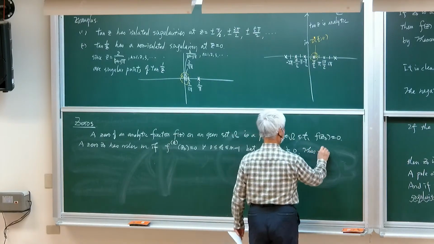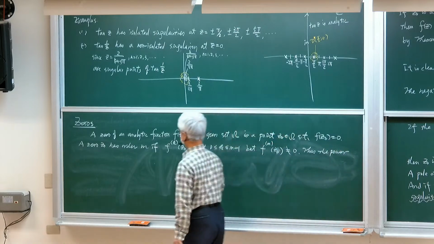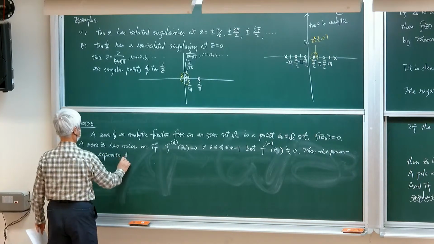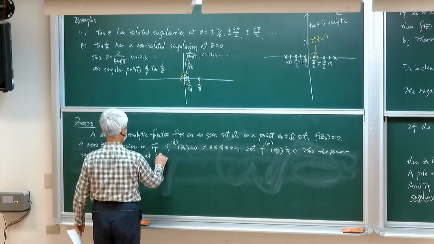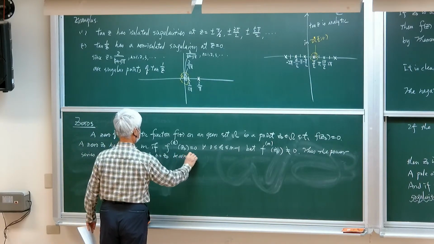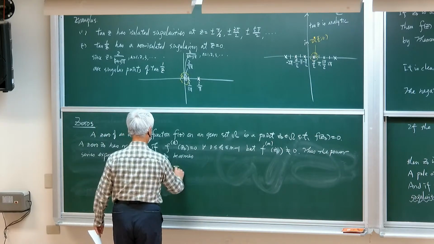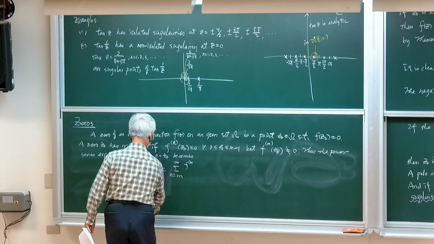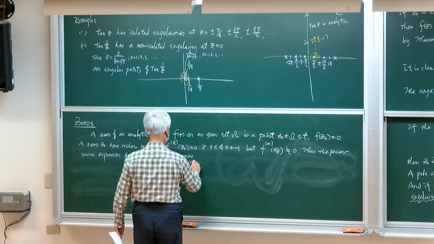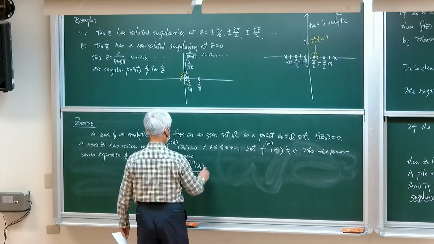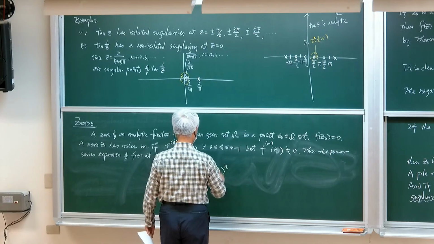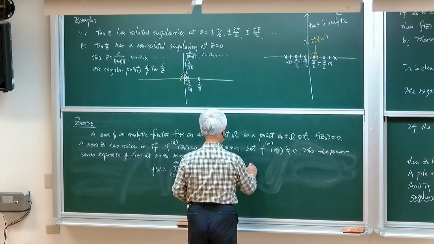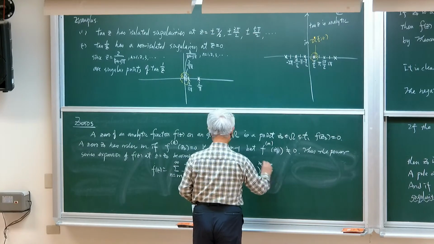That's the power series expansion of f of z at the point z0, which becomes a sum for n from m to infinity.